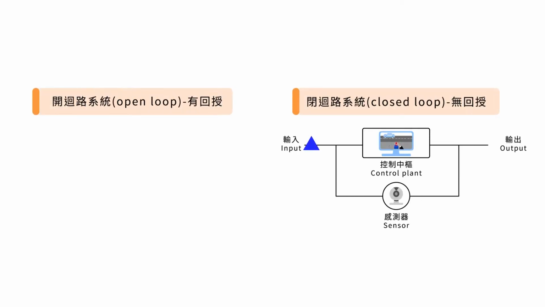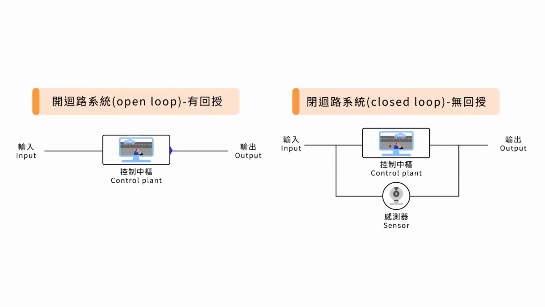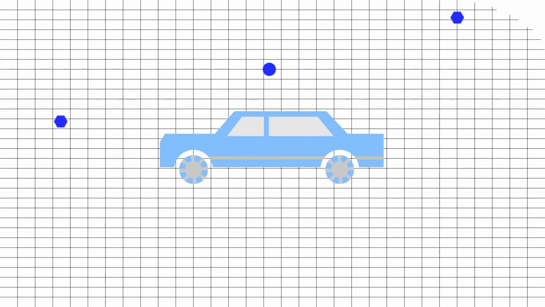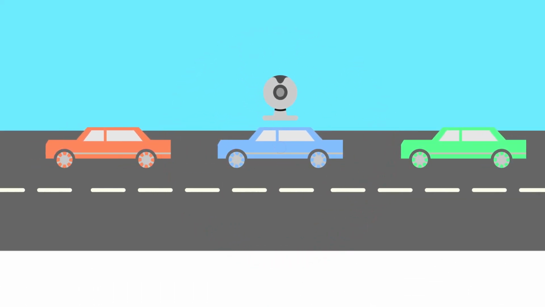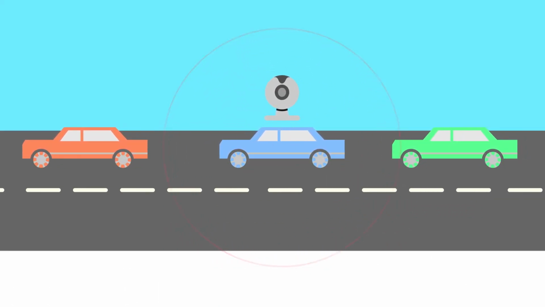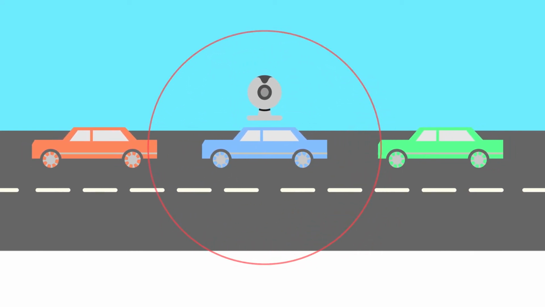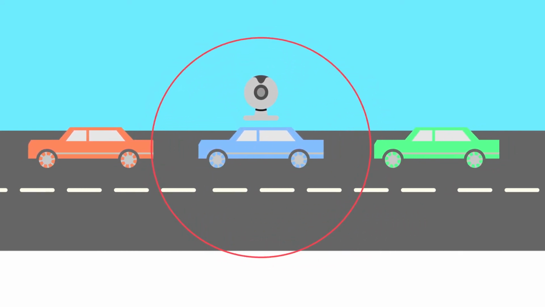We've discussed the difference between open loop and closed loop systems. Now let's talk about how that applies to self-driving cars. A self-driving car is itself a very complex system, so it uses a multitude of closed-loop feedback systems. Using the closed-loop feedback system, the car adjusts its position based on the relative speed of adjacent cars.